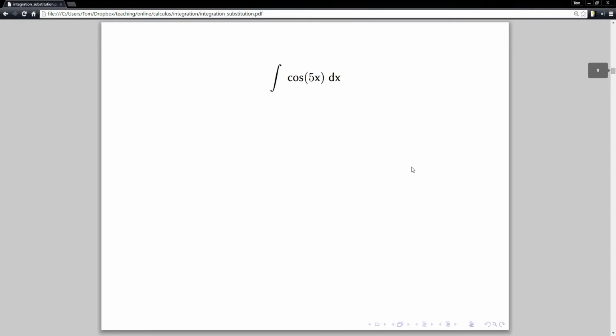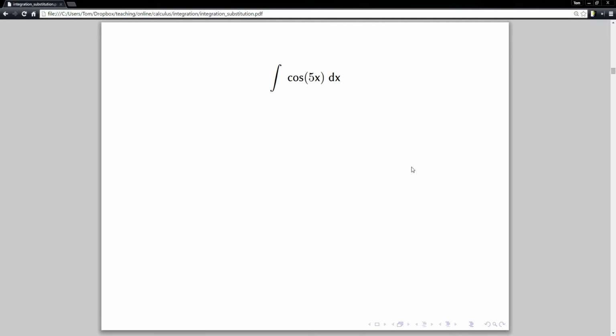All right, so now here is the integral of cosine of 5x dx, and we're going to do this one without using substitution first, and then go back and rework it with substitution. Without substitution, basically what you would do is use the fact that we just looked at, that the antiderivative of cosine is sine, or the integral of cosine is sine, however you want to talk about it.